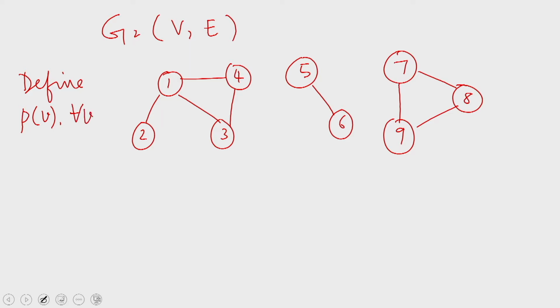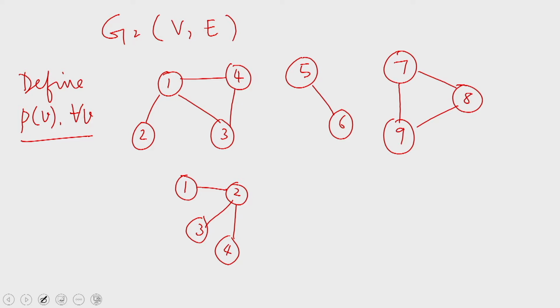For every vertex, we have to define a parent pointer, so that the vertex and its parent are in the same component, and we will have one star for every component. In other words, for the first component, let us say we can have a star of this sort. What this signifies is that 1, 2, 3 and 4 are all in the same component.